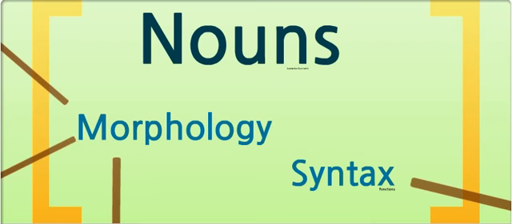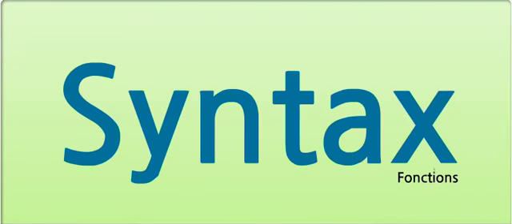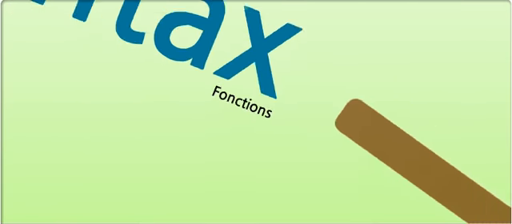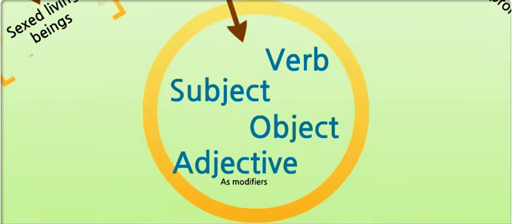We also have the other side of nouns, which is syntax. What is syntax? The functions that the words do. Talking about nouns, in English a noun can be a verb, a subject, an object, and an adjective. In Spanish, not that much.